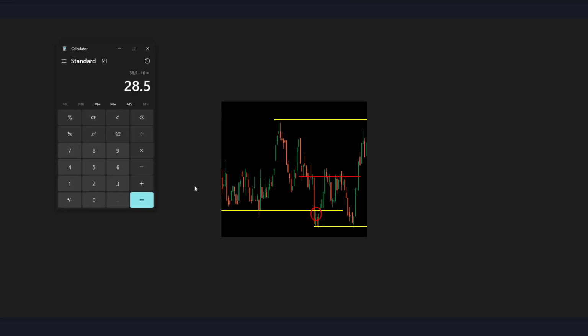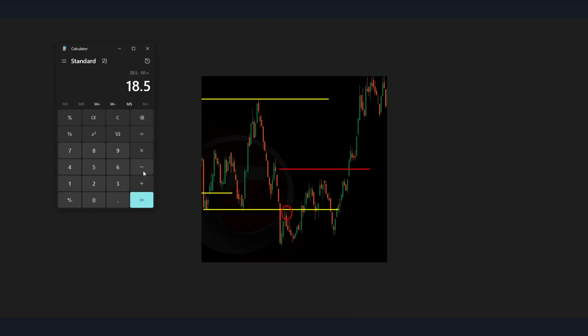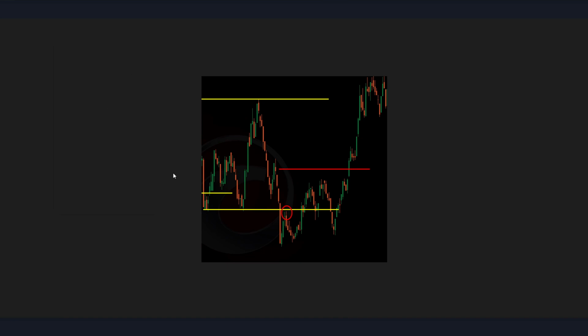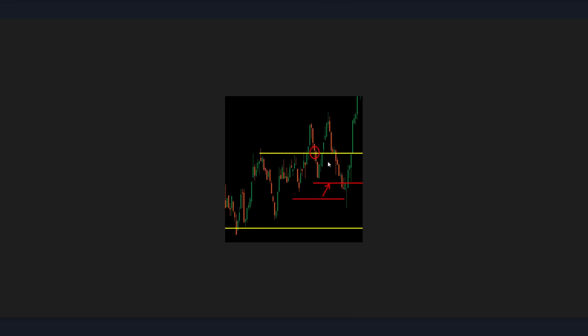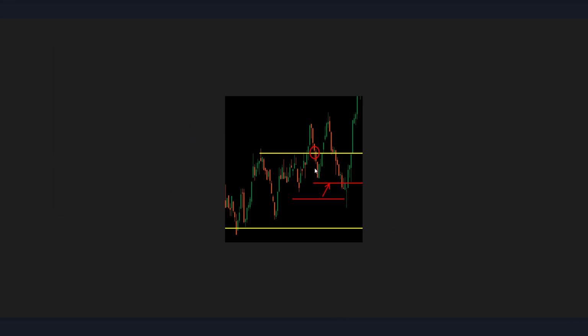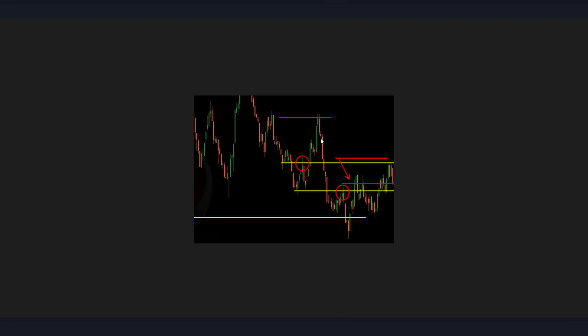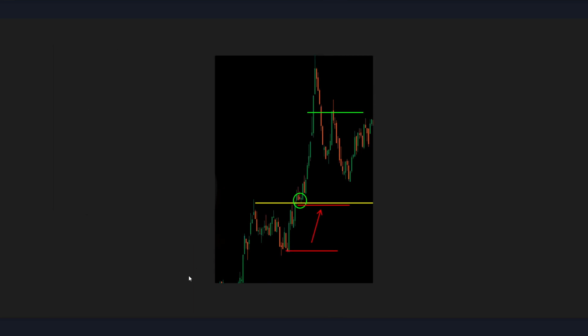This one was a minus 10, minus 10, plus 17. This one was minus 7. This one was minus 10, minus around 5. And this is a plus 20 at the end of the day.